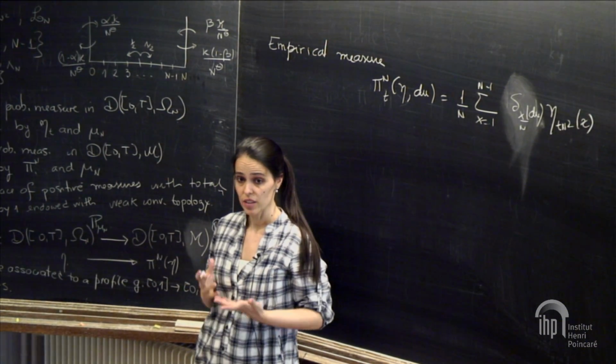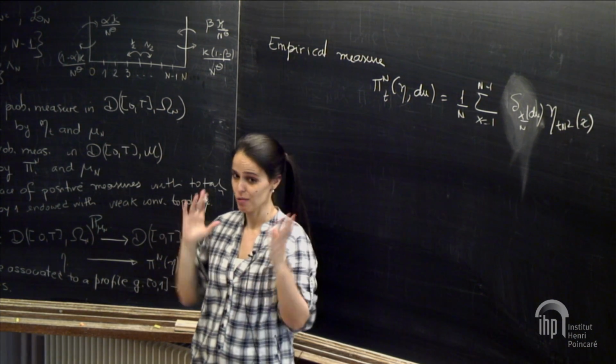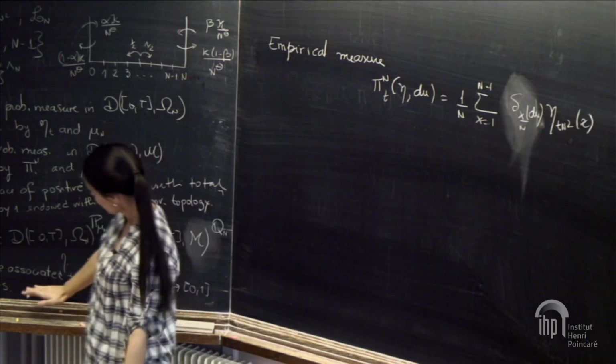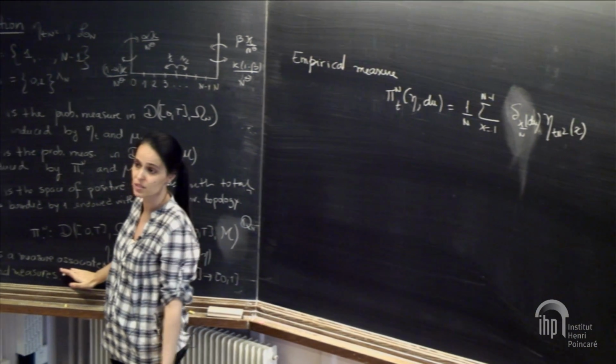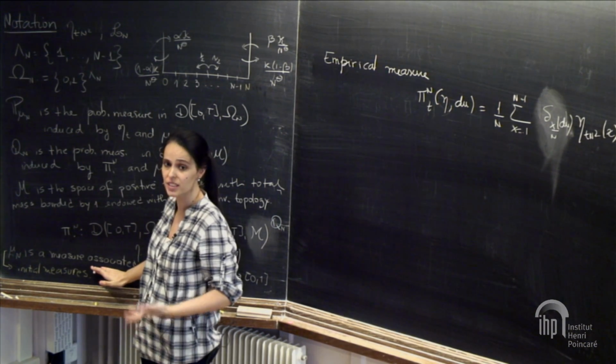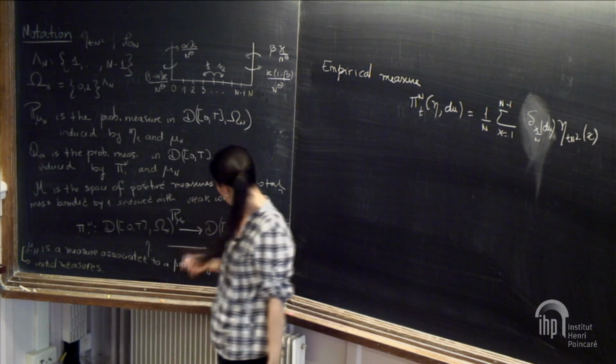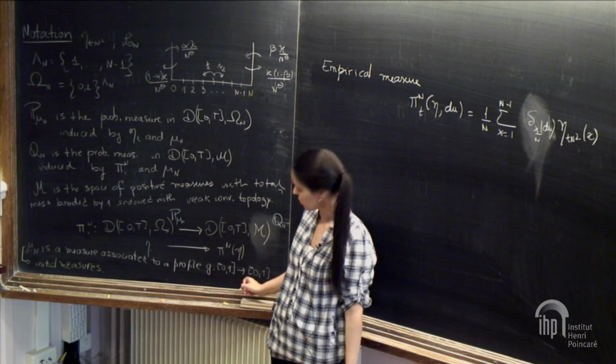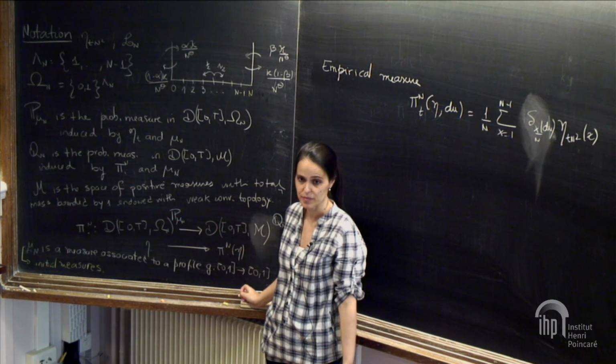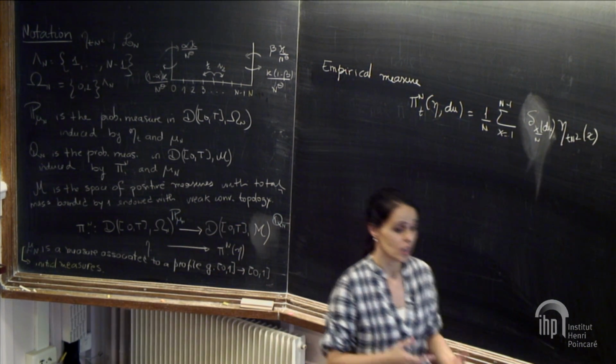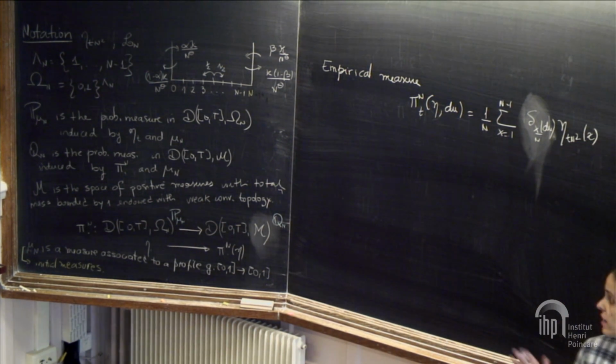And the measure mu n, the only thing we have, I'm going to say why I assume that, but so far the only thing I said is that we needed to take a measure which is associated to a profile, which is a measurable function g from 0,1 to 0,1. And I'm going to try to tell you why we can take any measure. We don't have any other restriction on the measure except this one.